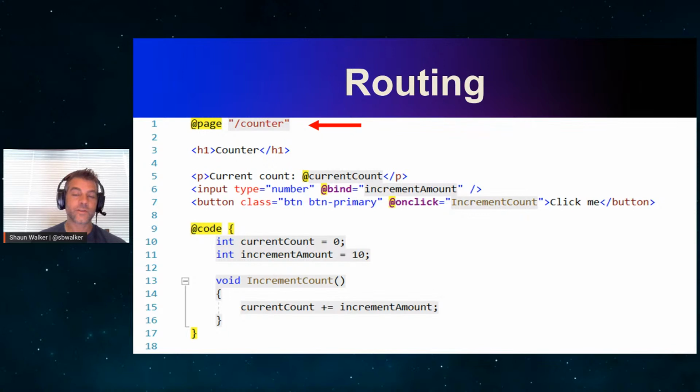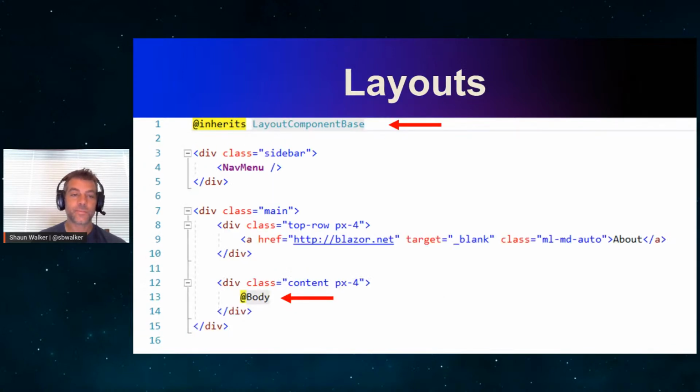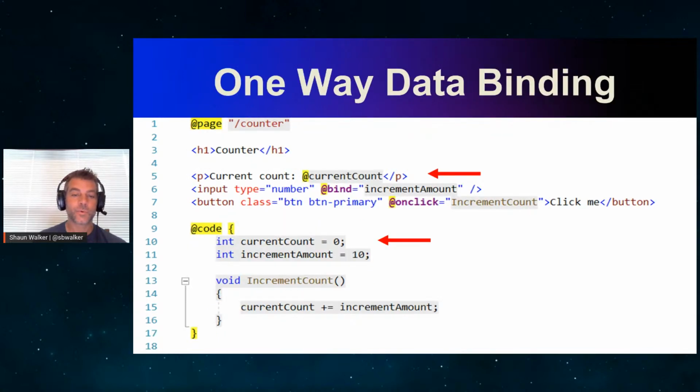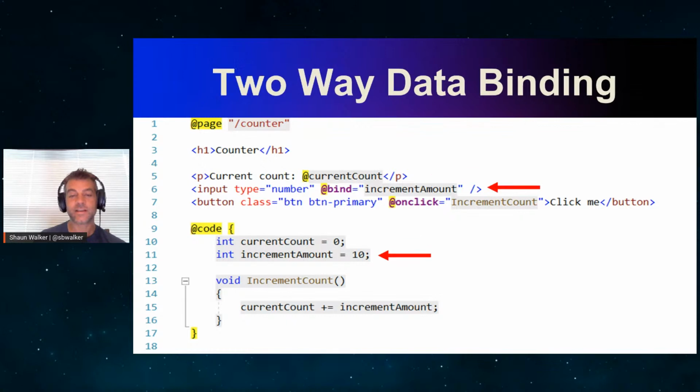Razor components support routing, just using a simple @page directive. They support layouts, you can inherit, kind of like the master page concept. So you can inherit from a layout. It supports data binding just by declaring variables in your code block and then referencing those variables with an @ sign.